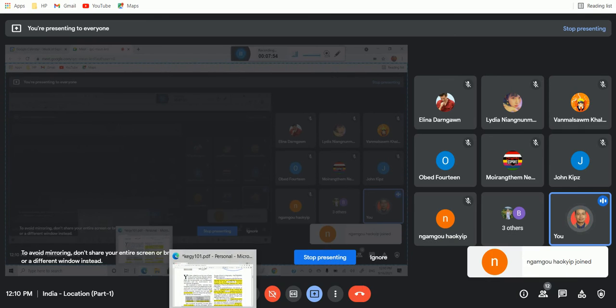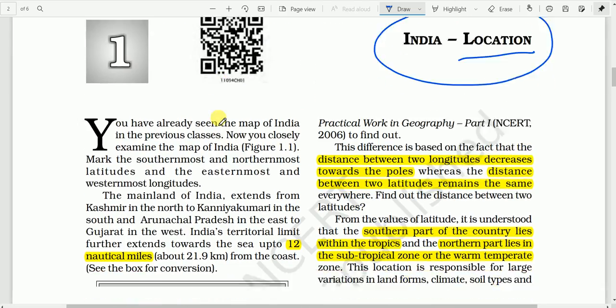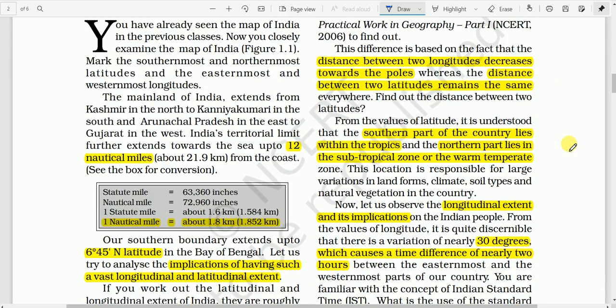So let us come to the text. That was about location of India, and you may give location with reference to these lines of latitude and longitude. You may observe this map of India, figure number 1.1.